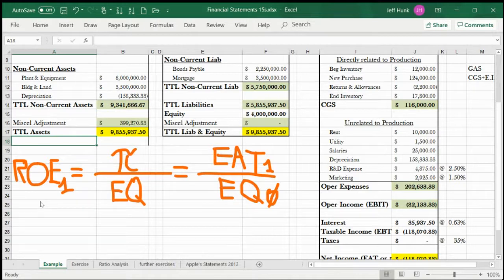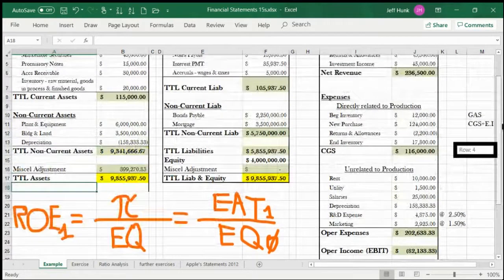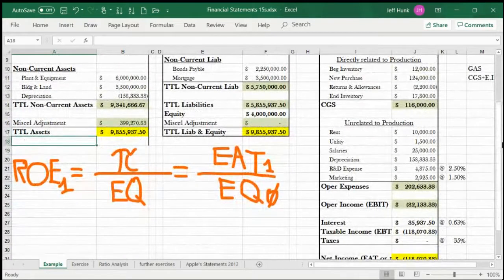So if we think about this time dimension, we can easily understand that we need, first of all, of course, the income statement and balance sheet, but then we need the balance sheet at 2 points in time.